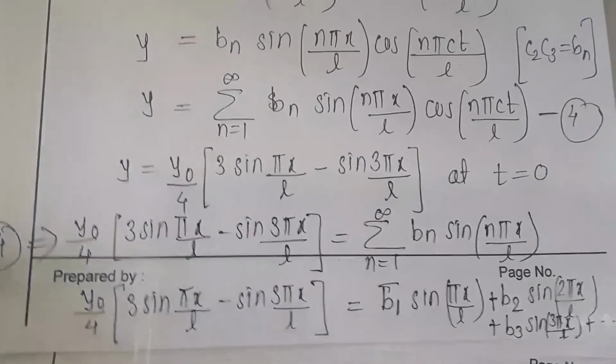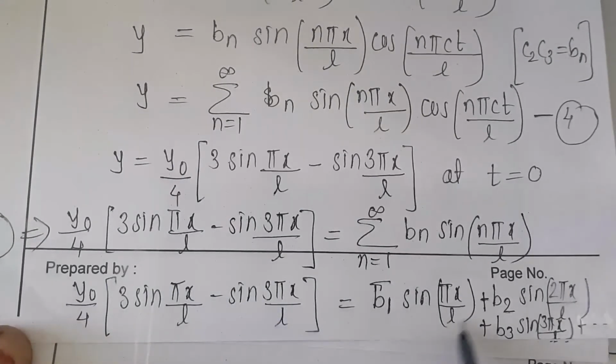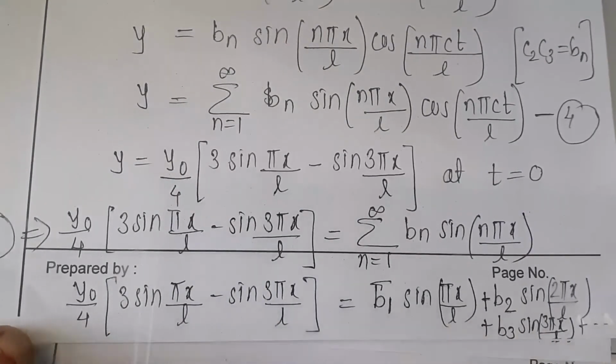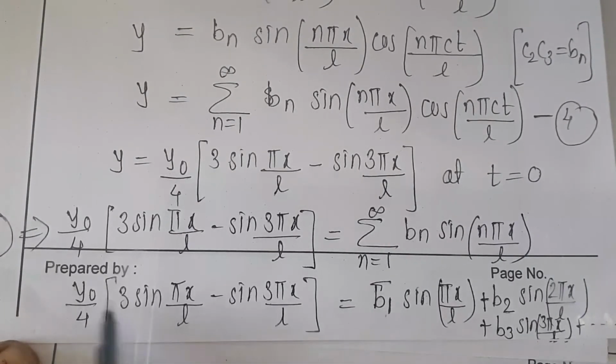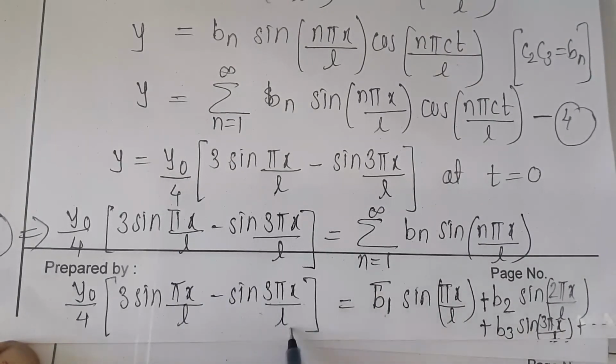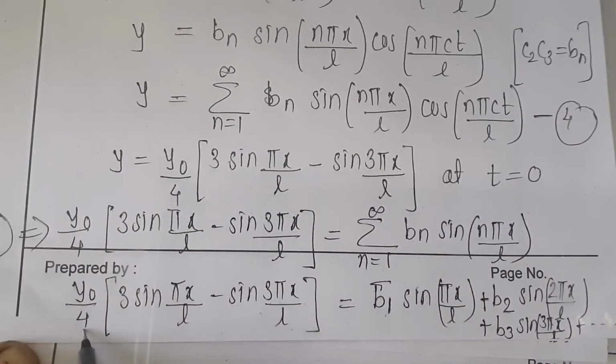But if we observe carefully, here we have sin pi x by L on both sides. So we can equate the coefficient of sin pi x by L, which is B1 on the right hand side and 3y0 by 4 on the left hand side. Then the coefficient of sin 3 pi x by L is B3, so B3 is equal to minus y0 by 4.